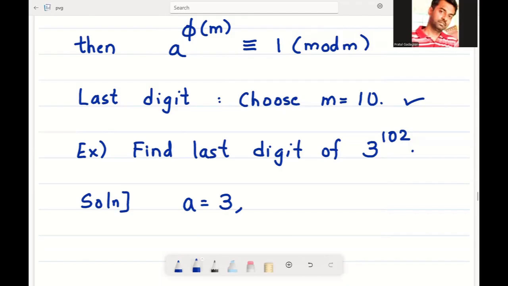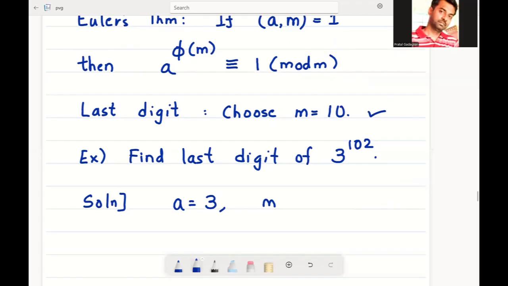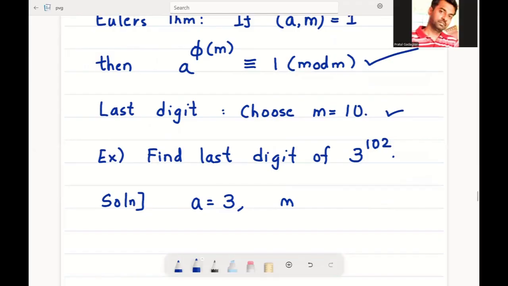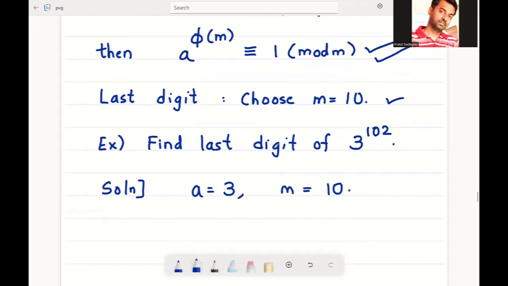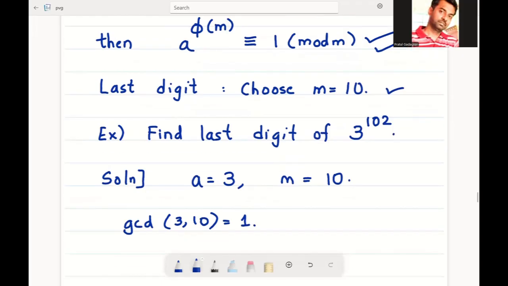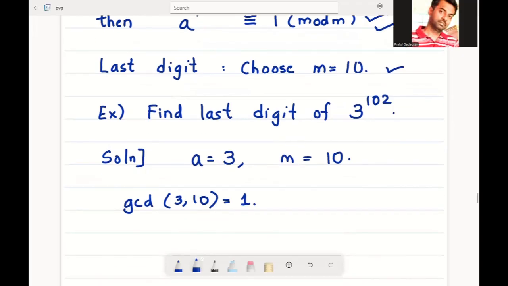And the value of m that I'm going to choose from Euler's theorem, as I told you, is 10. We will substitute these values of a and m in the Euler's theorem statement. We know that GCD of 3 and 10 is 1, so we are eligible to use Euler's theorem.